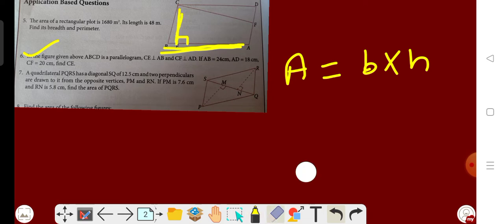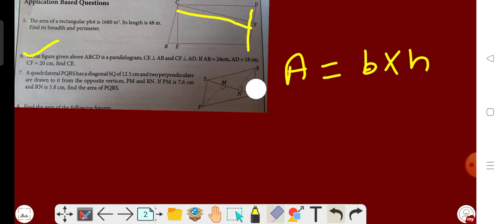And if we consider AD as the base of this parallelogram, then the height is CF. But in both cases the area is the same. In both cases area must be the same.